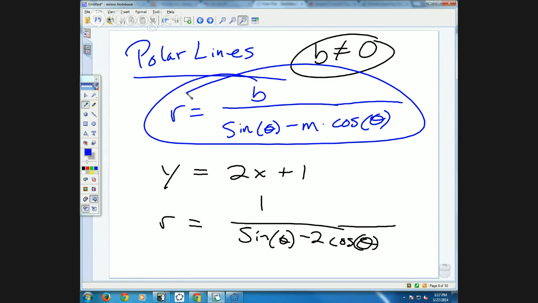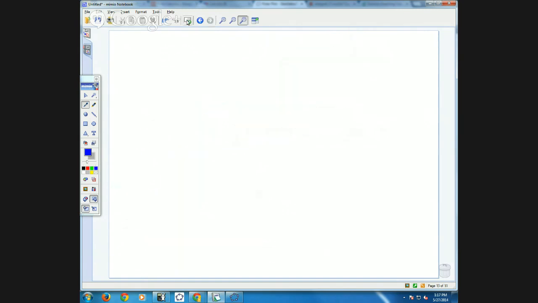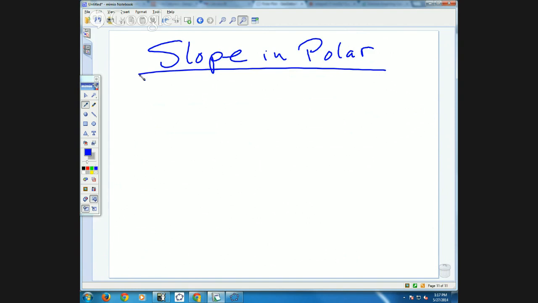Okay, next fun part. How do we deal with slope in polar? Now here's the problem I have. Slope m is dy dx. There is no getting around that. That is what it is. Is dr d theta slope?